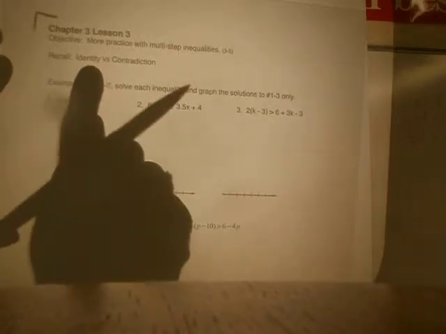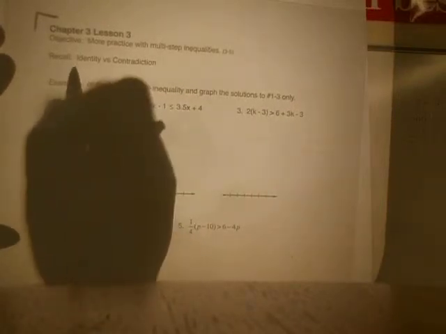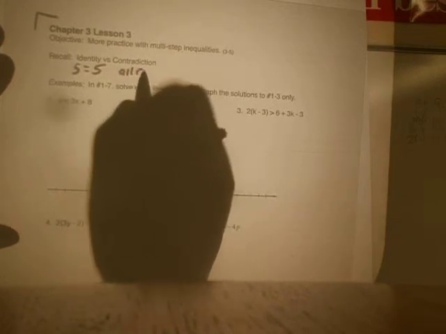Chapter 3, Section 3 is about more practice with multi-step inequalities. Just a reminder, identity versus contradiction. When we were solving equations and we ended up with something like 5 equals 5, that had all real numbers for solutions.